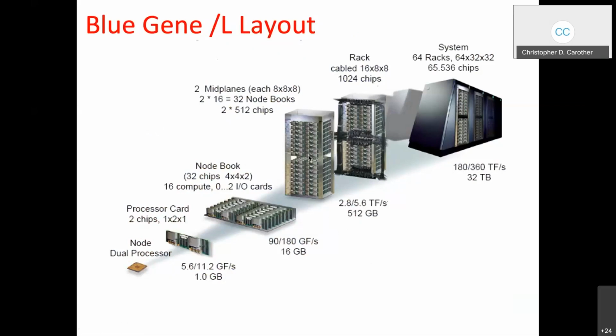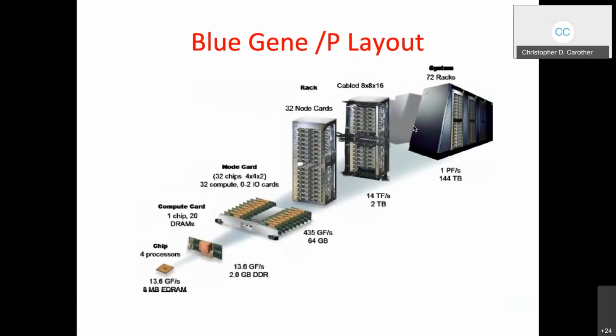This was the P layout as well. So you have single chips on cards going into drawers, getting into the racks, and you could have relatively large systems for their time frame up to a petaflop for the P system. And then finally we get to this slide that compares them.